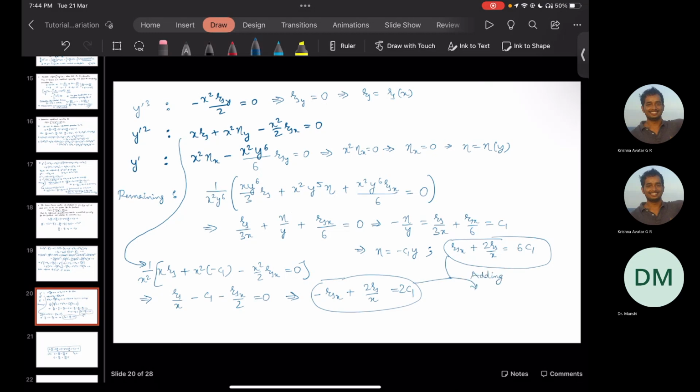Adding gives us 4 xi by x is equal to 8c1. And this gives us xi is equal to 2c1 into x.